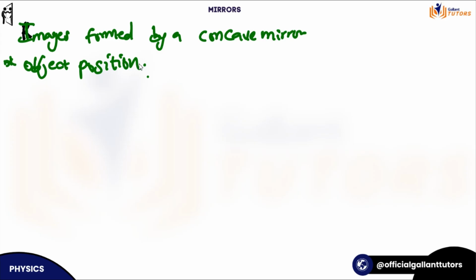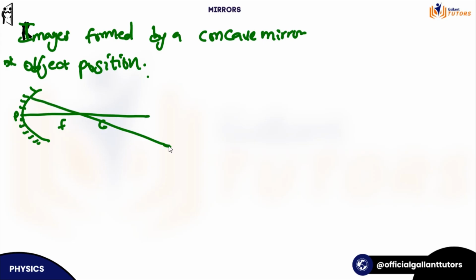Now, let me just give you a glimpse of what I'm trying to say. You already know what all this means. This can be C, this is F, this is P. Rays can be coming from this part, rays from infinity.